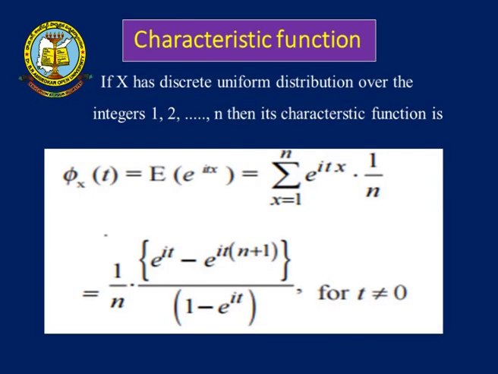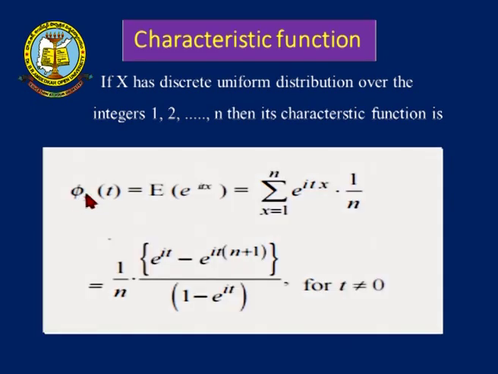Next important property is the characteristic function. If x has a discrete uniform distribution over the integers 1, 2, 3 and so on up to n, then its characteristic function is denoted by phi of x, where x is a suffix and t is the argument. Phi x of t is equal to the expectation of e to the power of itx.